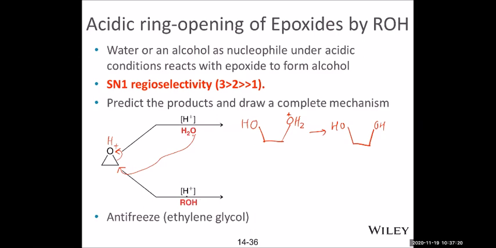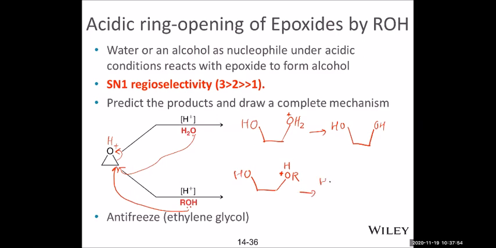If it's with alcohol and acid, the nucleophile is the alkoxide, and it breaks the bond. So what you get is, you have this first, a protonated ether, and then with water as a base, there's a proton transfer, removing the proton.